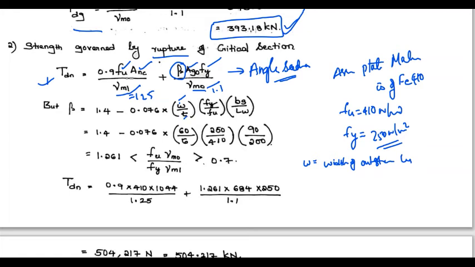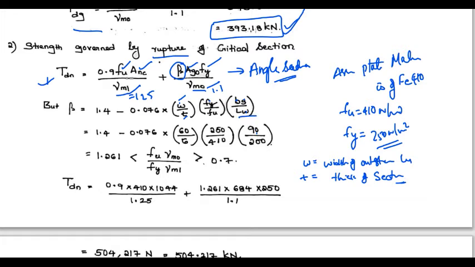And what is t? Thickness of the section. And Fy, Fu, you know that. And what is bs and Lw? Let me show you that. Let me first go for Lw.